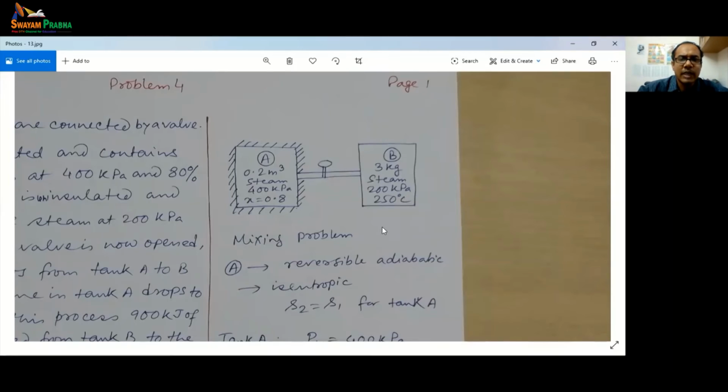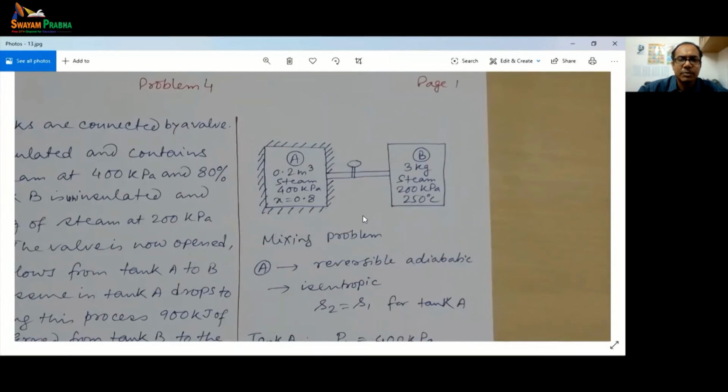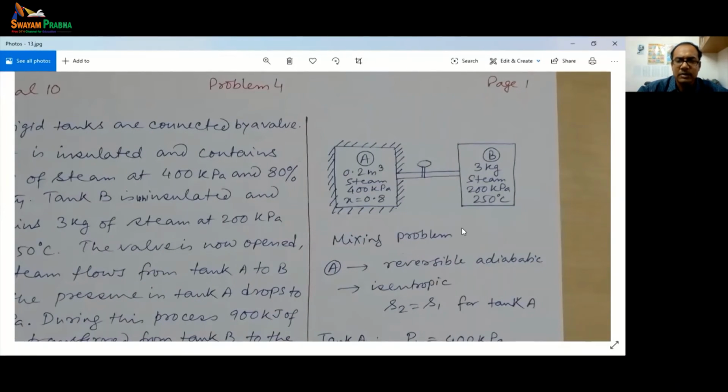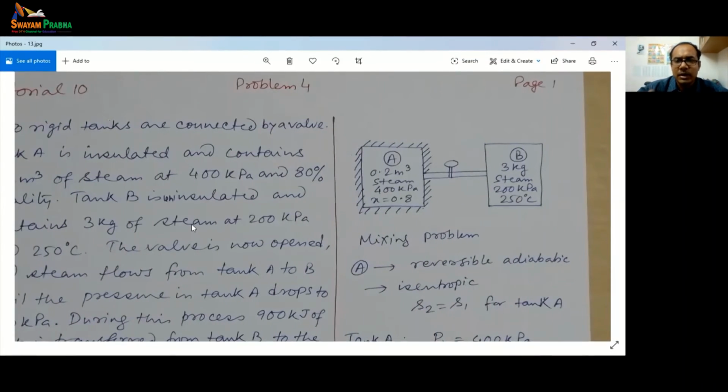Here also we have taken two such tanks, and this mixing problem involves water vapor, and steam is involved, and we have included a few more twists into the problem, but still it's a classical mixing problem.